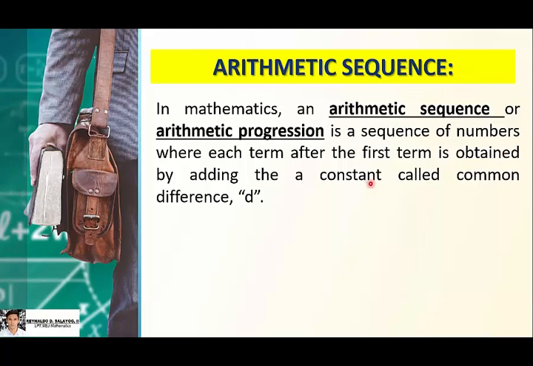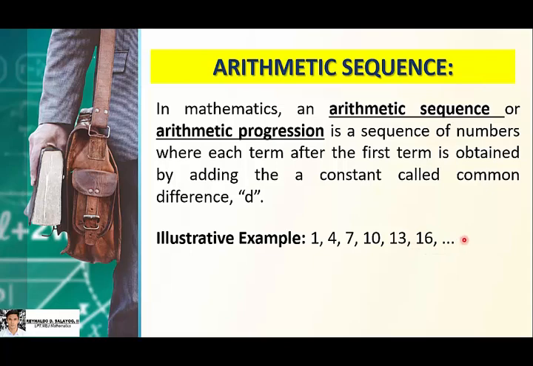So to give you a clear understanding about arithmetic progression or arithmetic sequence, let's consider this illustrative example. In this illustrative example, we have a number sequence of 1, 4, 7, 10, 13, and 16.